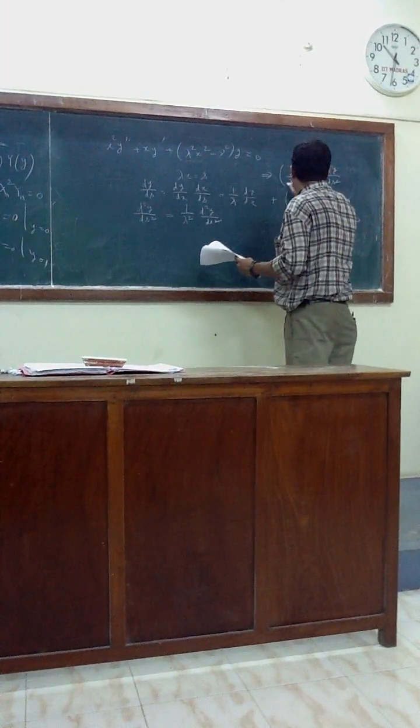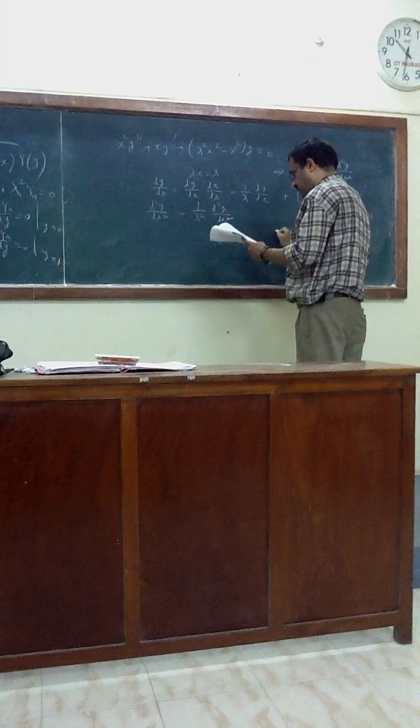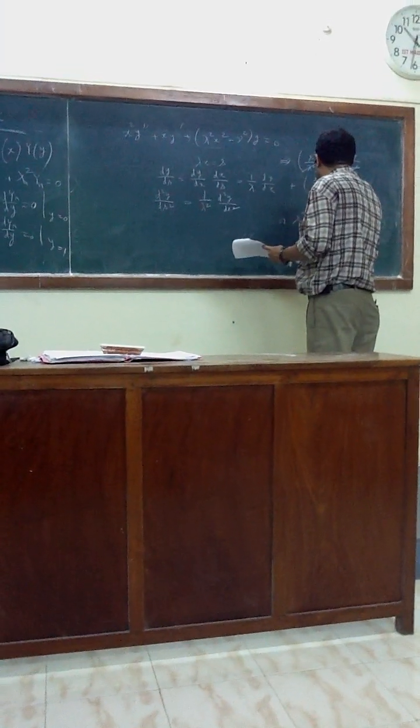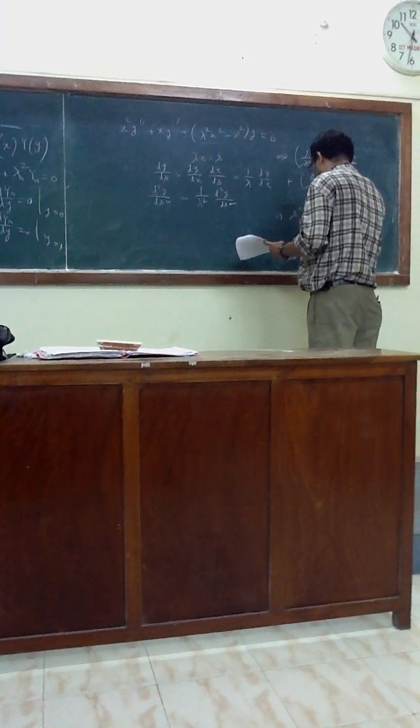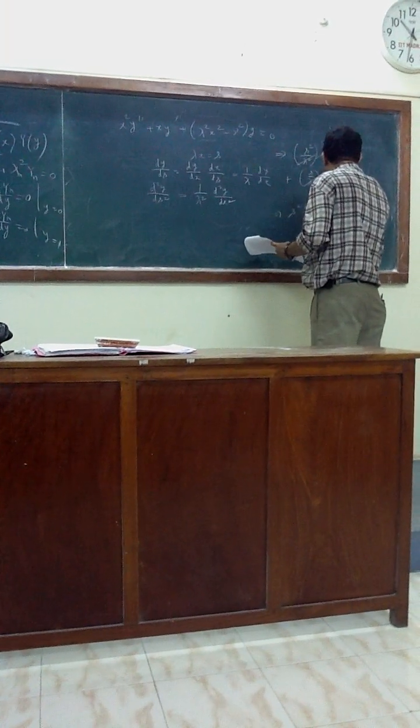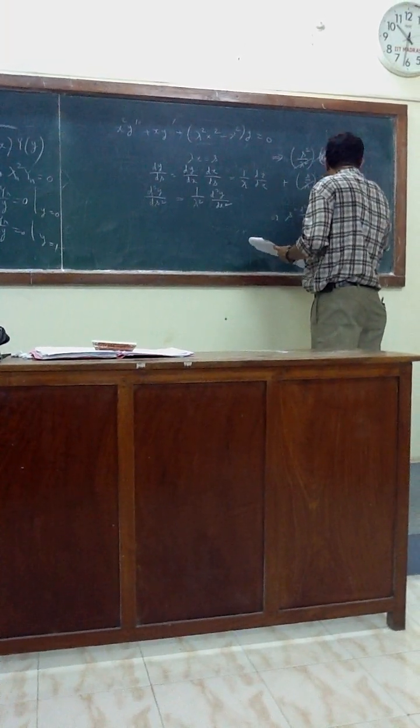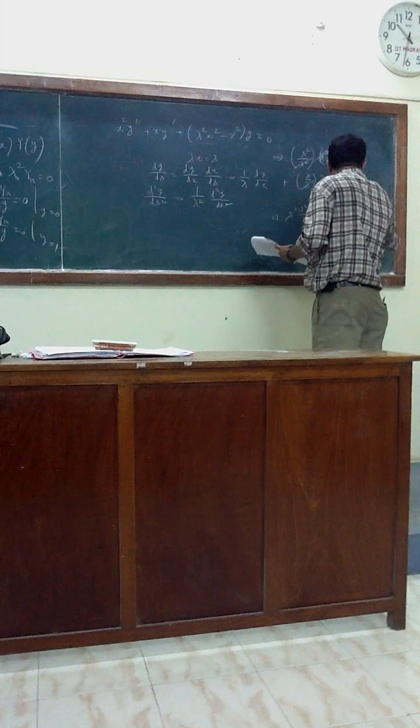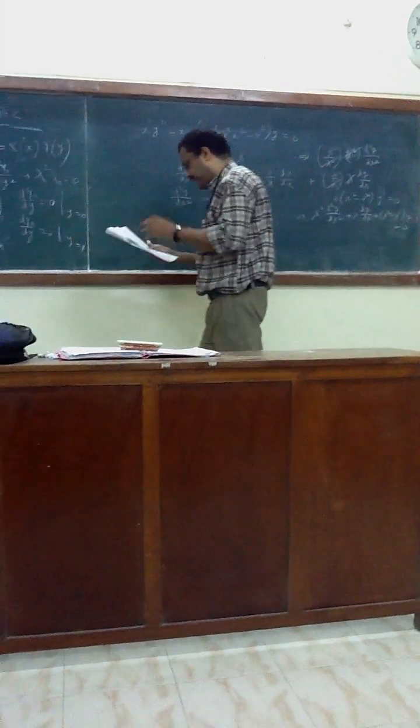If you see, this gets cancelled, this gets cancelled, we have s square d2y by ds square plus s dy ds plus s square minus gamma square y equals 0.